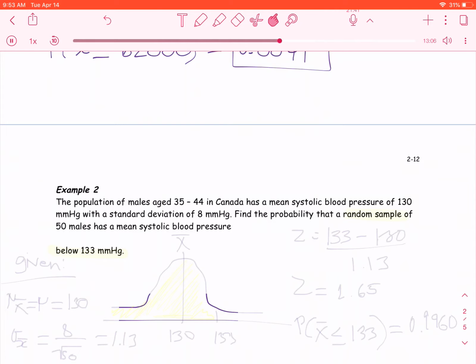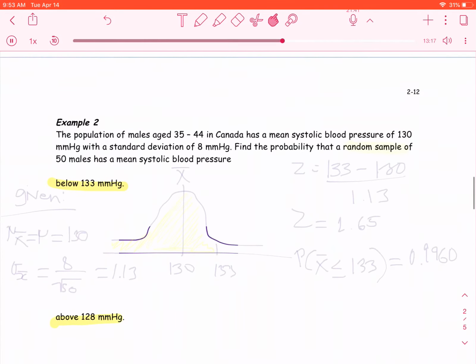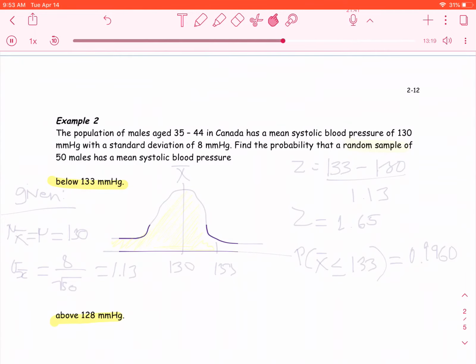We're going to consider a couple of different cases: when it is below 133 mmHg, when it's above 128 mmHg, and when it's within 2 mmHg of the population mean. Once again, we'll go through what's given to us.